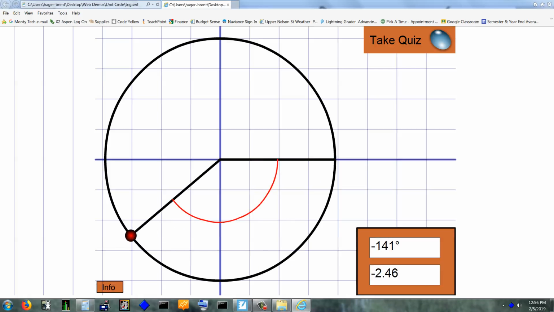Now I said to you that 90 and negative 270 look exactly the same in terms of where the initial and terminal sides are. Here's 90. Okay. It's a right angle. Well, let's see if I can get it to stop. Right there. So the initial side is on the positive x-axis. Terminal side is on the positive y-axis. Now look at negative 270.